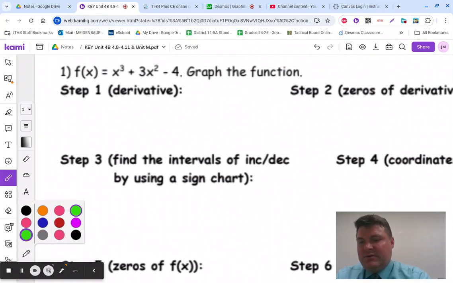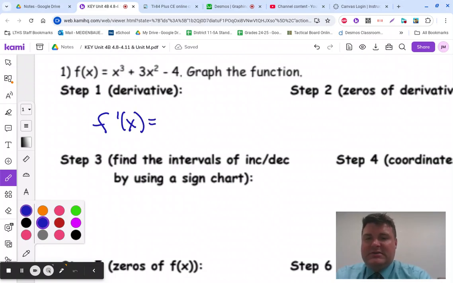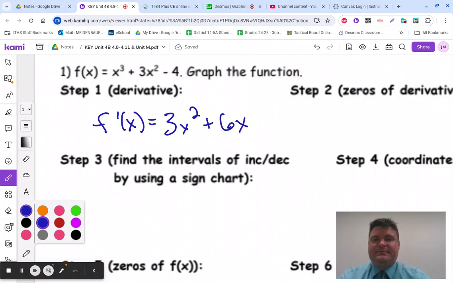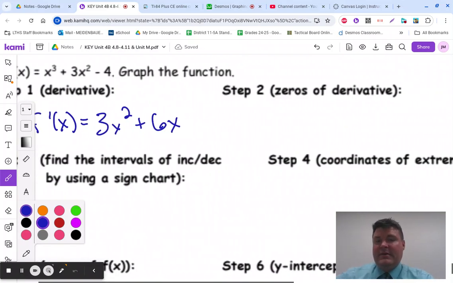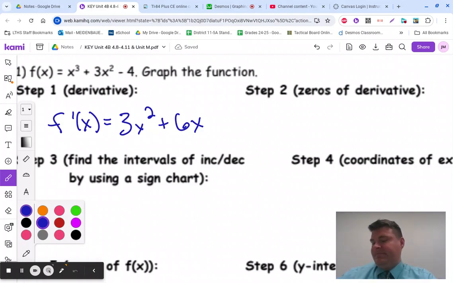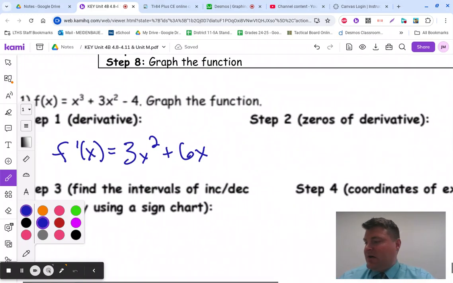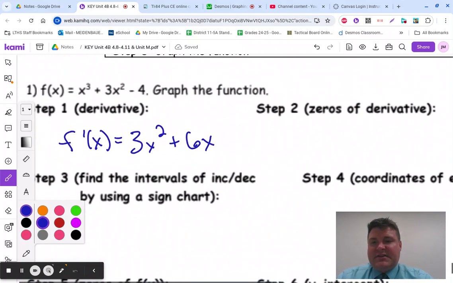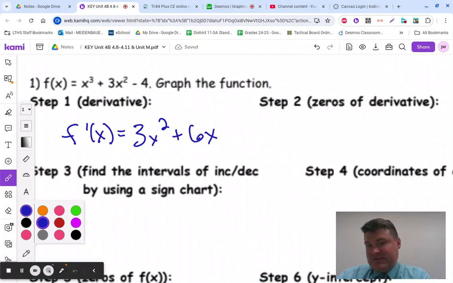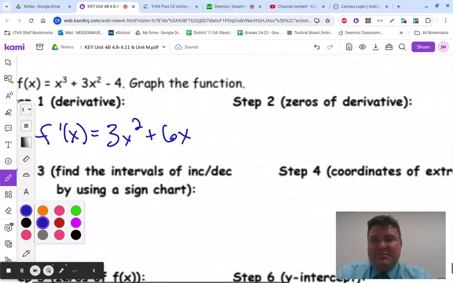Let's go ahead and do this in blue. Okay. So f prime of x is equal to 3x squared plus 6x. You agree with that? Good, you better, because it's right. Okay, find the zeros of the derivative. What this does is this tells us when the slope is 0, because this represents slope. So when is the slope 0?